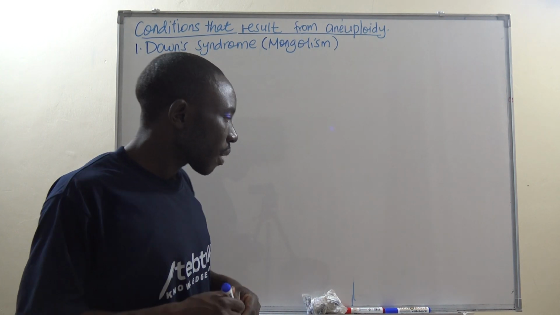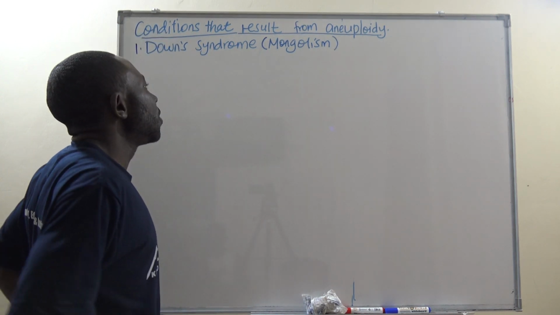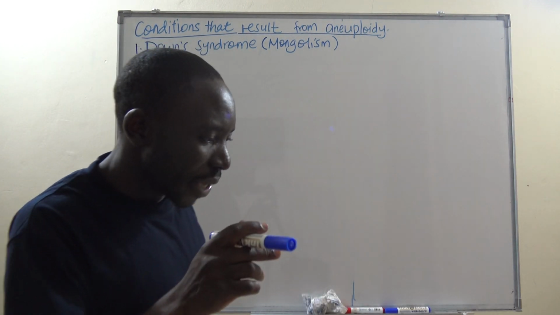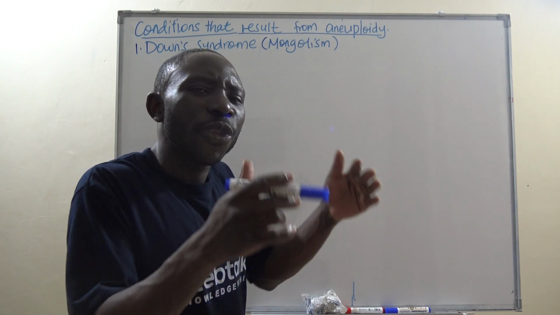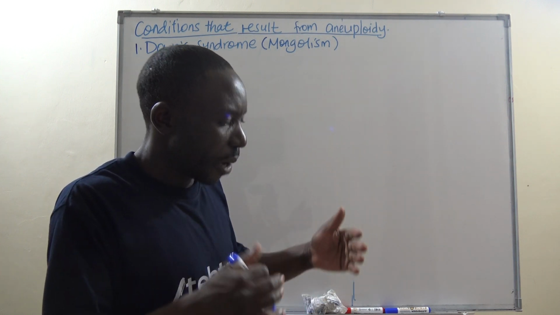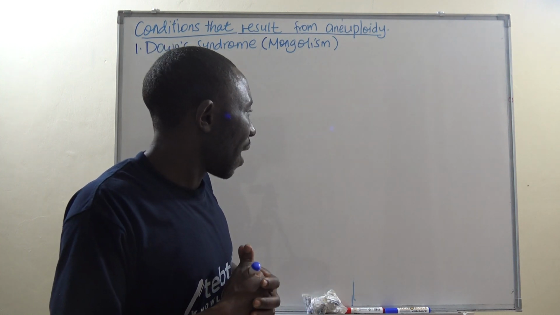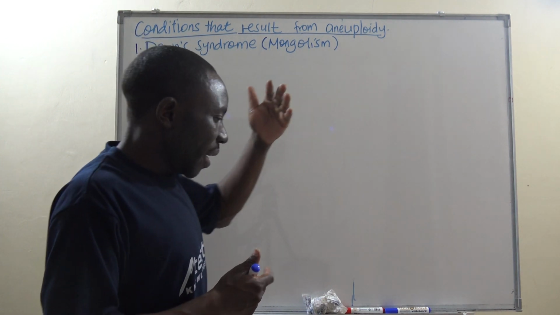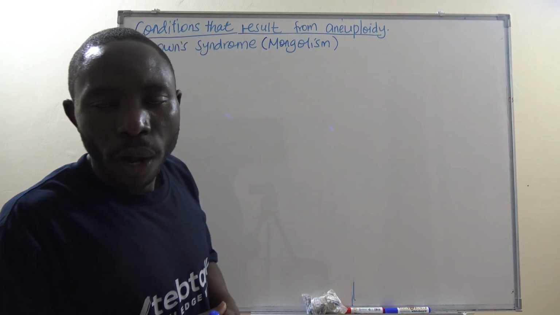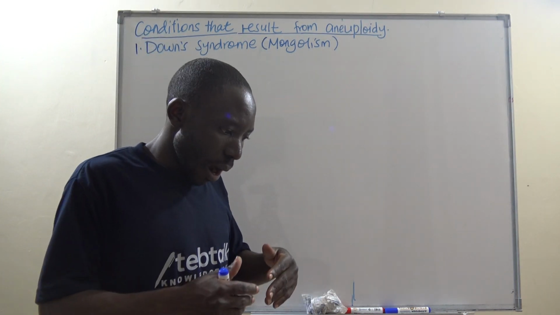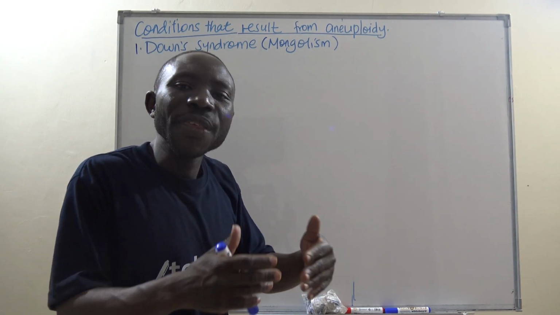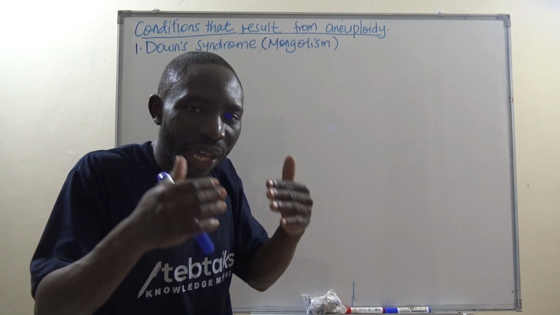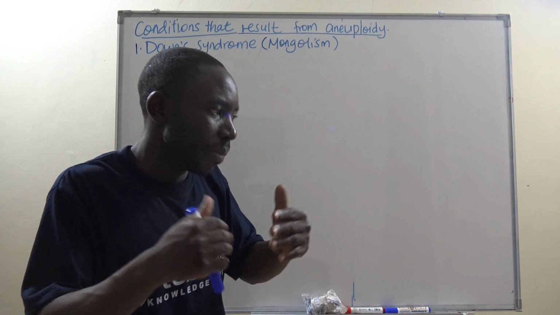Now, Down's syndrome is a condition which occurs in both males and females. And of course here, what happens is that a gamete with an extra chromosome fuses with a normal haploid gamete.